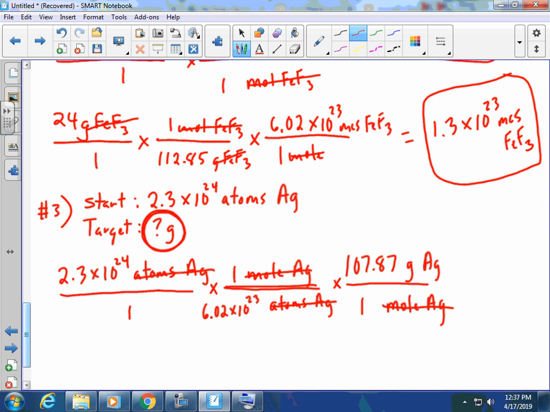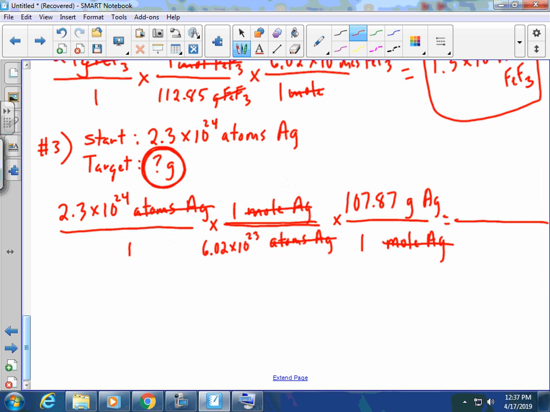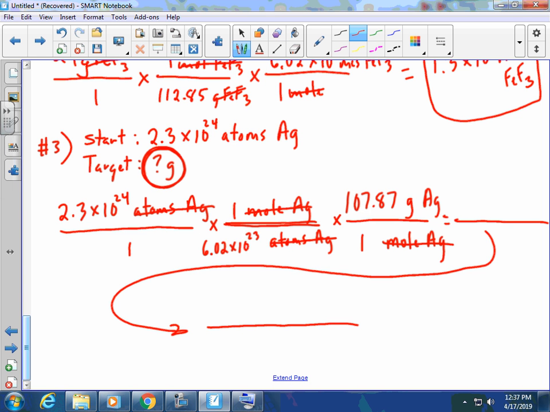Cool. All right, so let's just solve it then. I got to find a top answer, and I got to find a bottom answer, and I'm kind of running out of room. So I'm going to bring this down a little bit. All right, so multiply across the top. What is 2.3 times 10 to the 24th times 1?